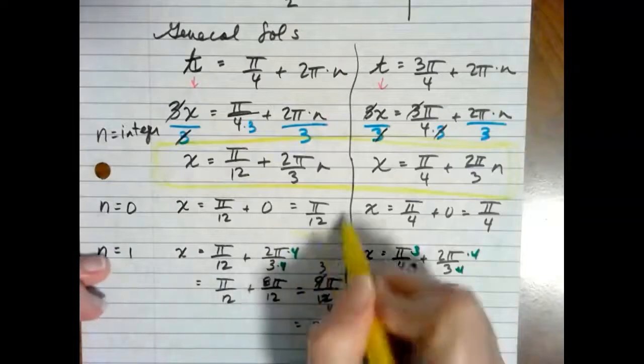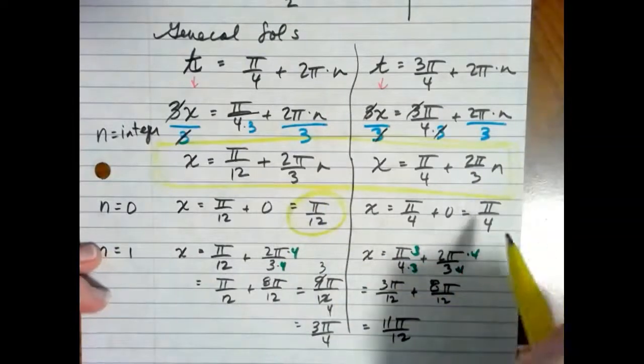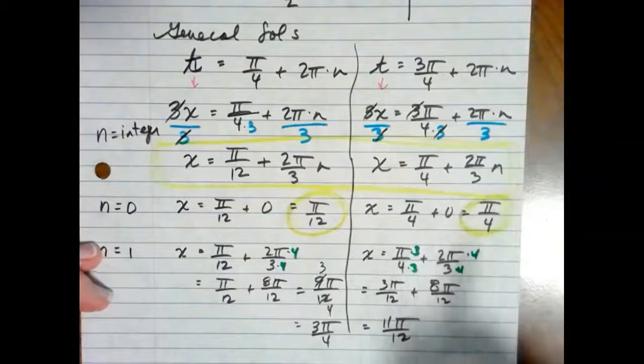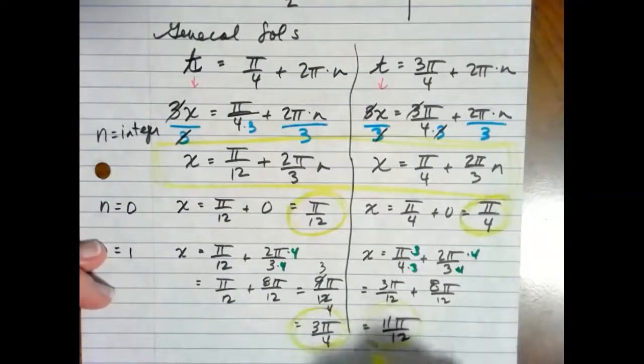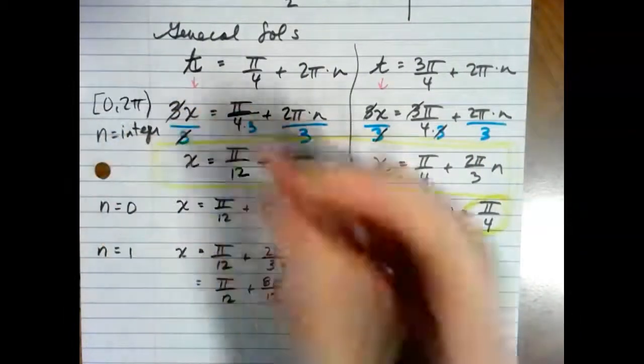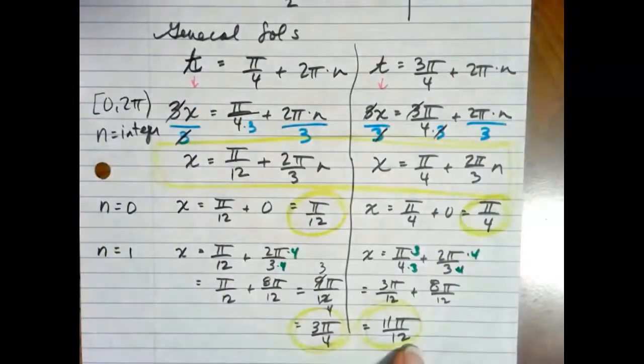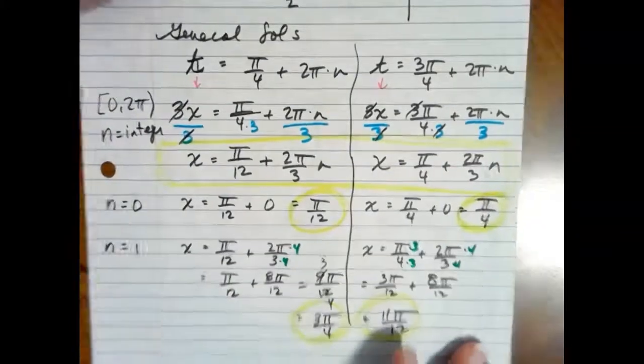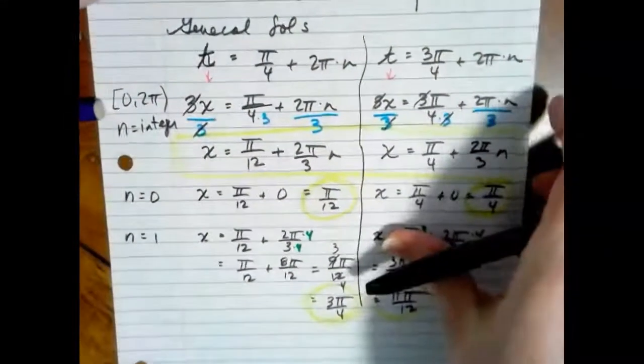So first specific solution, second specific solution, third specific solution, fourth specific solution. And remember, our solutions have to live between 0 and 2 pi. So we're not even close yet because this isn't even equal to 1. So we keep going.